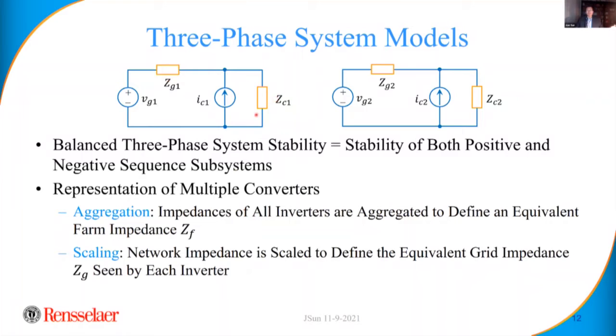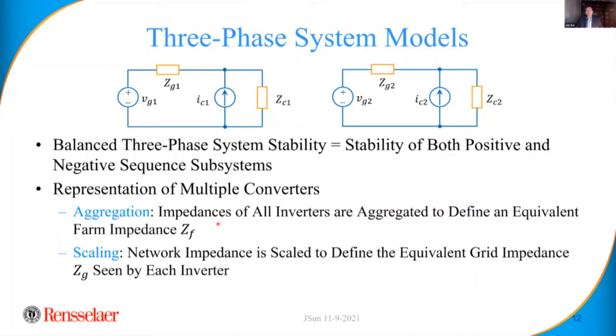So if I have 10 converters, for example, if we ignore the impedance between converters, then I can divide the impedance of one converter by 10 to represent 10 converters if they are more or less the same. If they're not the same, then I just need to connect the impedances in parallel. Right, so that's aggregation. Or I can just use one converter and then multiply the source impedance by the number of converters, and that's scaling. Scaling is limited to the case where you have identical converters.